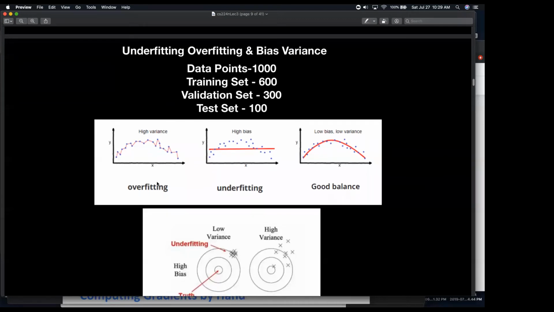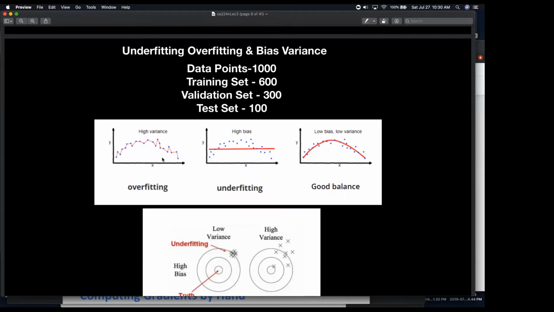What exactly is overfitting? Given these points, your model is going to replicate the data and follow this trend really well. But this is something you really don't want.